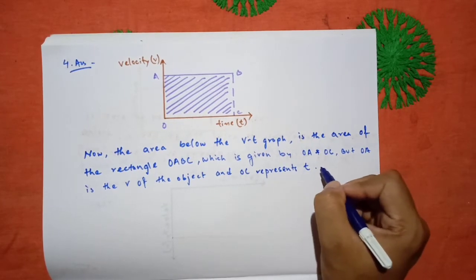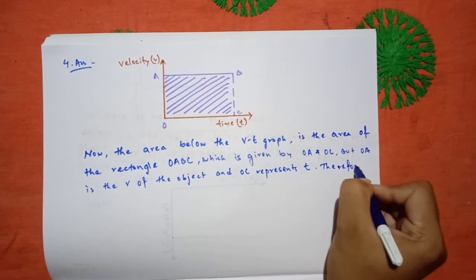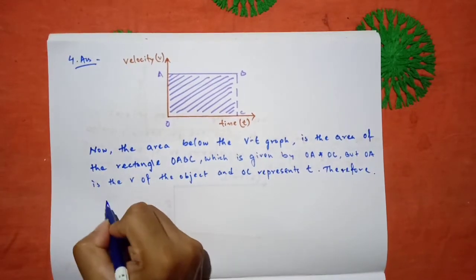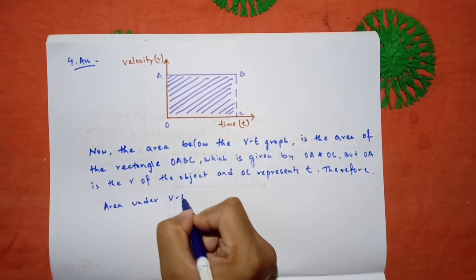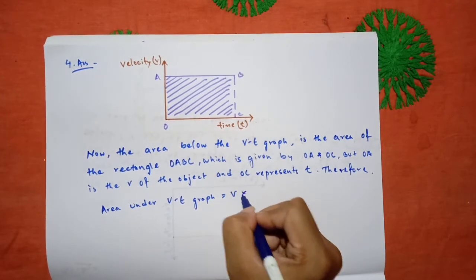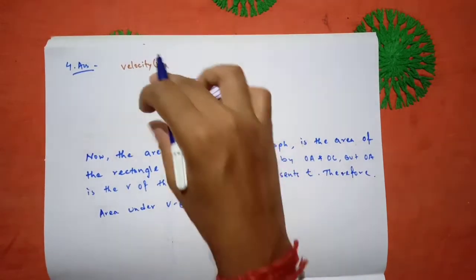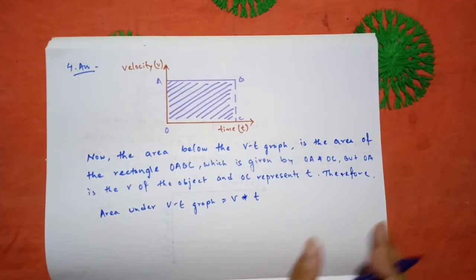Therefore, area under the velocity time graph is equal to velocity into time. So we multiply velocity into time.